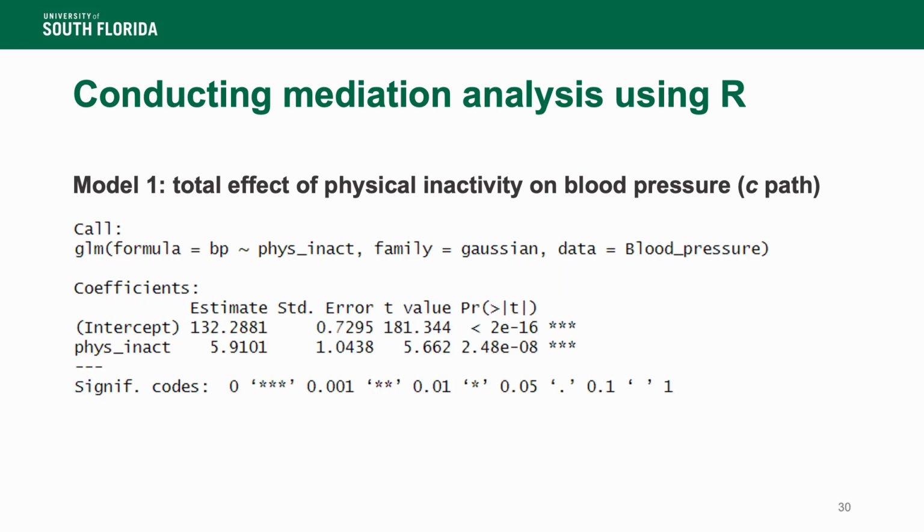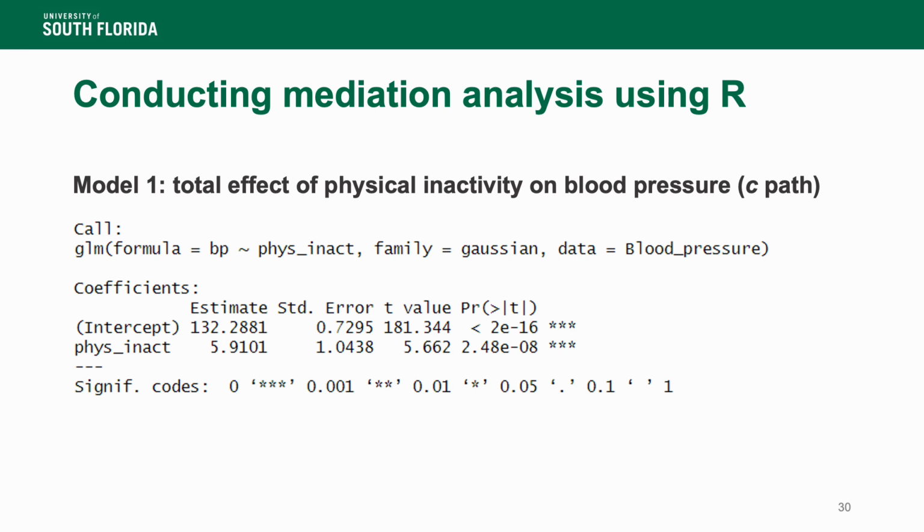Here we see the output of model 1. The intercept indicates that physically active people, who are the reference group here, on average have a blood pressure value of 132.28. The estimated coefficient for physical inactivity, 5.91, indicates that on average, individuals who are physically inactive have a 5.91 higher blood pressure value compared to those who are physically active.